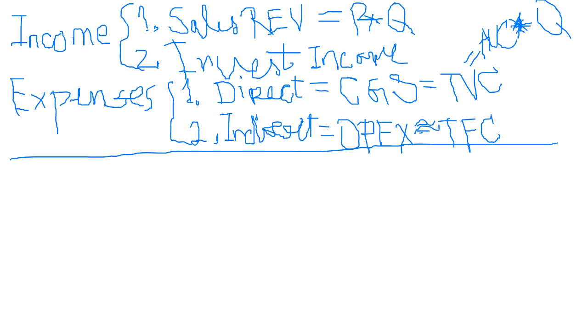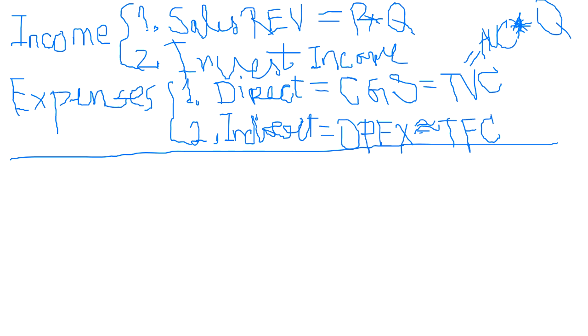Production cost per unit is average variable cost. Average is basically total divided by quantity. If the total variable cost is 300,000, dividing it by quantity 1,000 gives you exactly 300, the production cost per unit. You divide total by quantity, so that's the average.